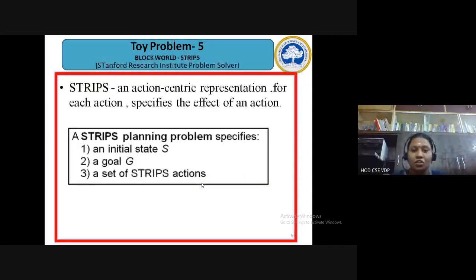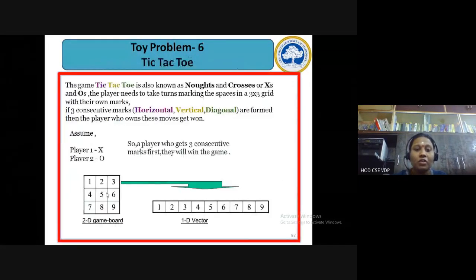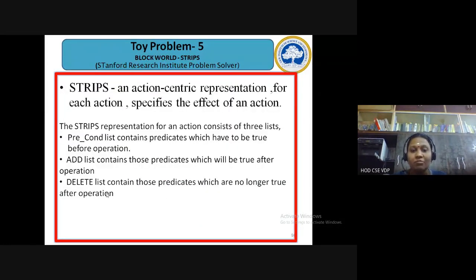Okay, just an introduction to STRIPS is given here, but in detail we'll do it later. Initially you will have the initial state, the goal state, and then STRIPS actions. STRIPS stands for Stanford Research Institute Problem Solver. From the precondition state, after you perform an action, which means add or delete, what becomes your postcondition? That postcondition will become the precondition for the next move.